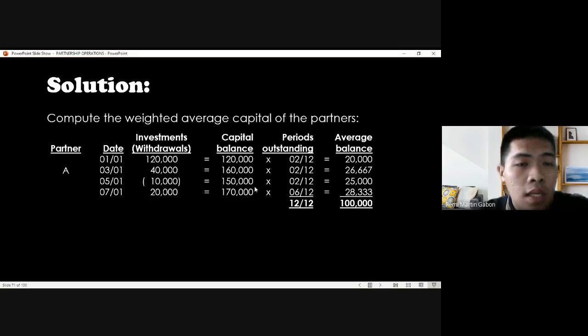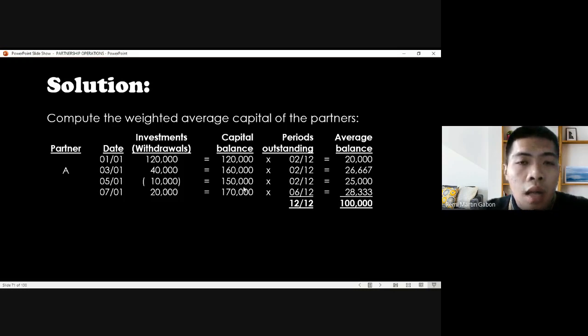Before naman considering the July 1 na additional investment na 20,000, yung capital balance na 150,000 naging outstanding muna for another 2 months. So whole May and whole June. Okay? Then times 2 over 12, yung 150,000, the average balance for that is 25,000.